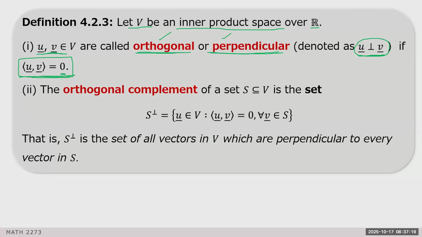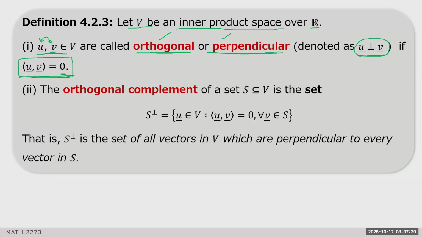So now that we have the definition of what it means for two vectors to be perpendicular to each other, we're going to define a set. And this set is very important, but it's often a bit confusing when you see it for the first time.